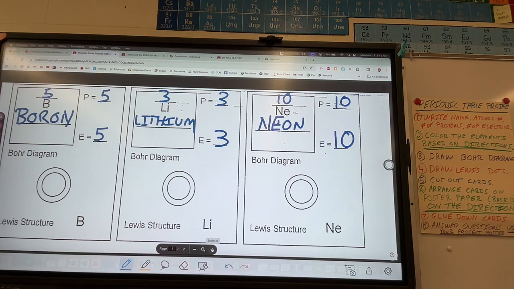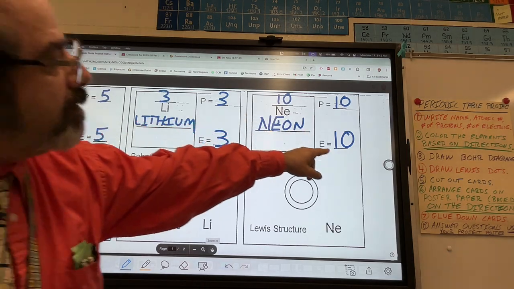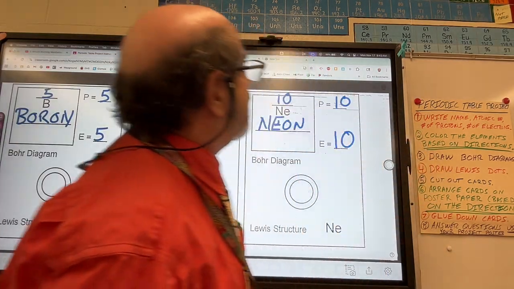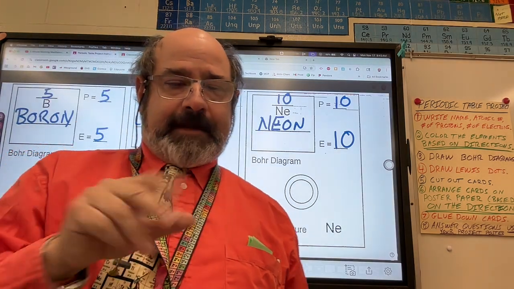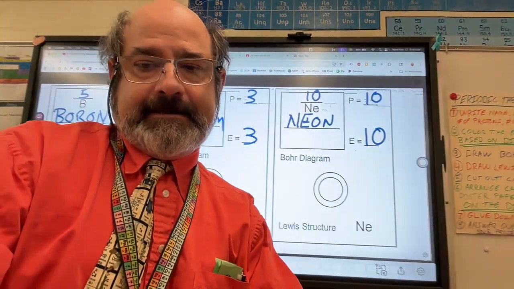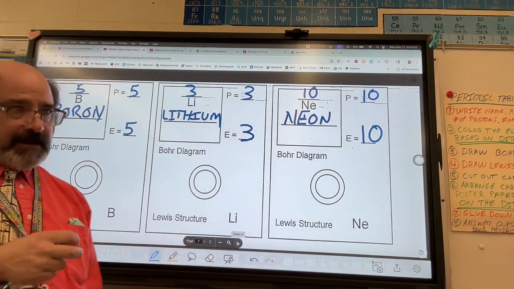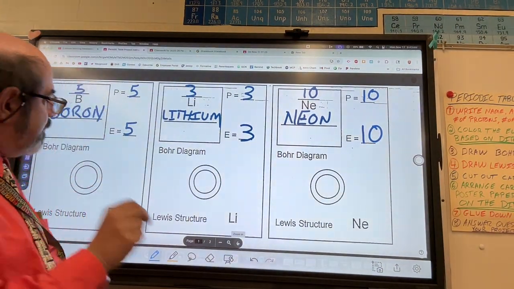Okay, so then after we're done coloring them, we do step number 3, which is drawing the Bohr diagrams. So the Bohr diagram is based off of the number of electrons. We're finding homes for the electrons. So the first shell gets, do you remember? 2, 8, 8. So the first shell gets 2, and then comes 8, and then 8.